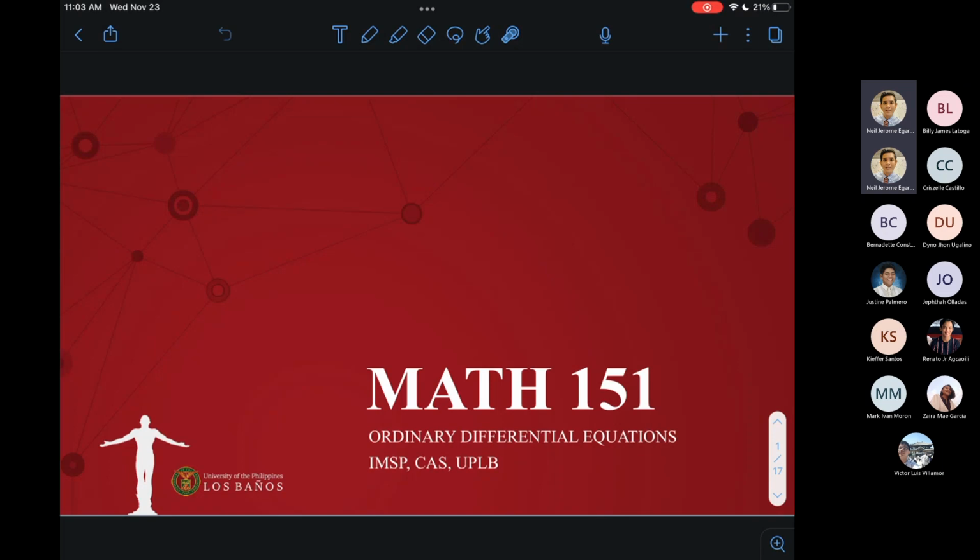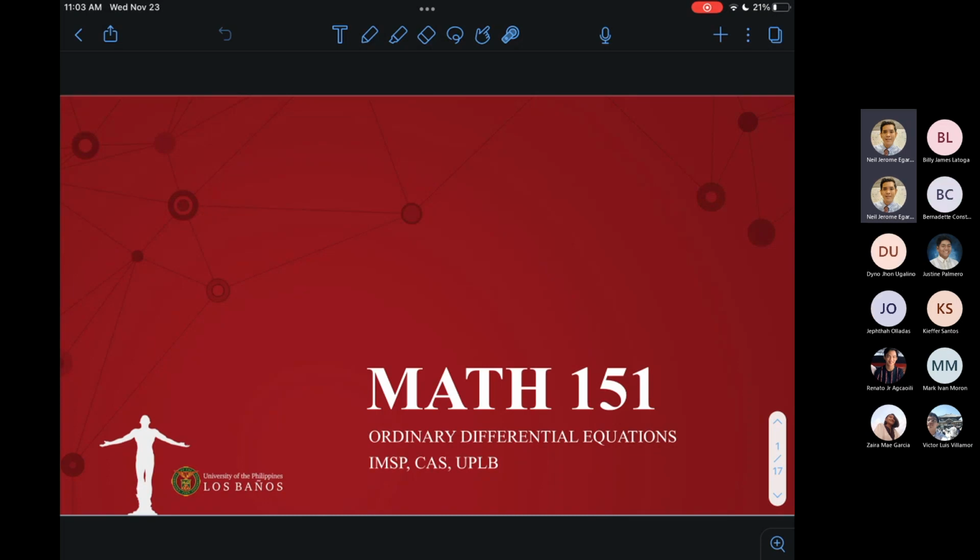Again, we are hoping that that would be the case, that we will be able to find the v. But there would be instances that we cannot find such a v, particularly if whatever we get as our w prime is not integrable, then wala tayong mahanap na v. So that the previous method can fail.